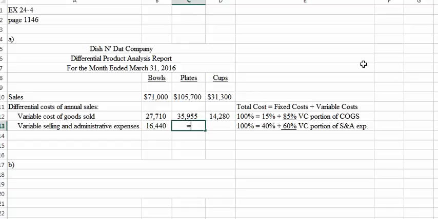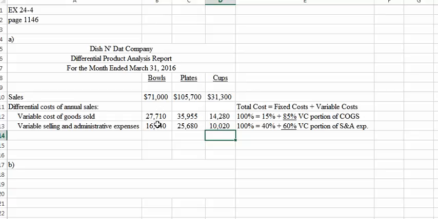Selling and administrative expenses for plates, 42.8 times 0.6, and then variable selling and administrative expenses for cups, 16.7 in total, times the 60%, 10,200.